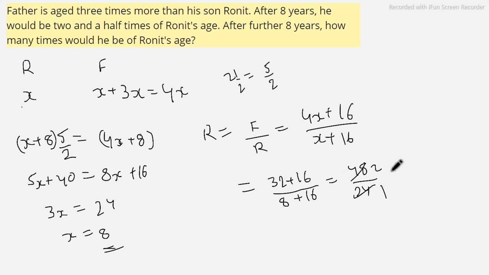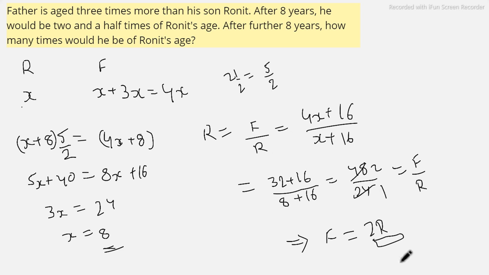So father by Ronit is equal to 2:1, right? Indirectly we can say, if we cross multiply, father will be equal to 2r, which means father will be twice the age of Ronit. So this will be our answer, that is 2 times.